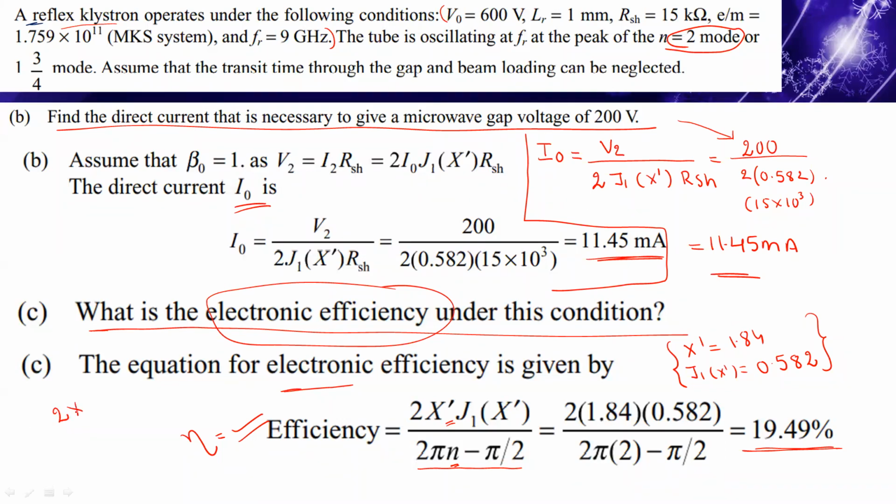So you have to remember 2x dash J1 of x dash divided by 2 pi n minus pi by 2. So in this problem, 19.48 is the A bit. B bit is current, direct current. C bit electronic efficiency 19.49. Take snapshot.